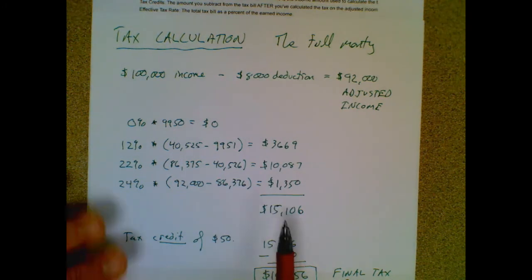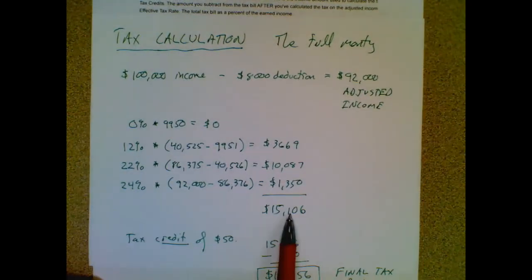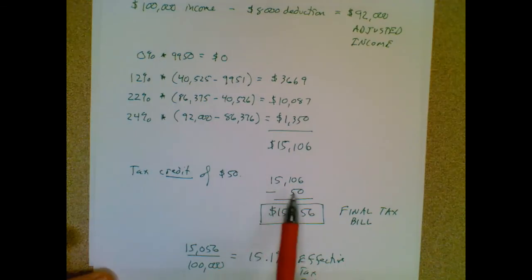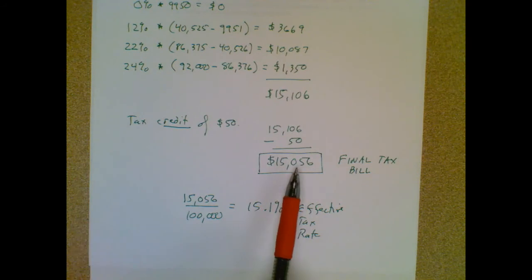Then finally I have a $50 tax credit, and that comes off my bill. My $15,106 tax bill minus my $50 credit gives me my final tax bill. So this is my final tax. That's what I'm going to pay to the IRS.